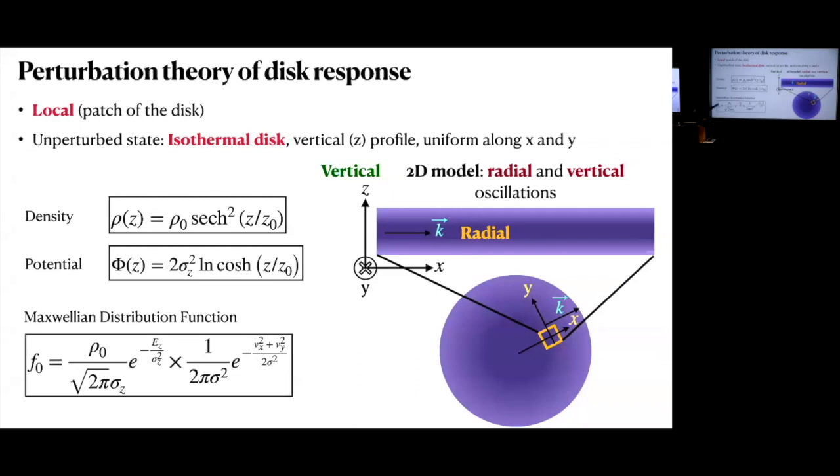The potential is given by this expression, which boils down to a simple harmonic oscillator close to the plane of the disk. The corresponding distribution function is given by the Maxwellian. It is Gaussian in the velocities along the plane, and it goes as exponential of minus the energy in the vertical direction. So that's the picture, basically the unperturbed disk that we are now going to perturb with some external perturbation and study the dynamics.